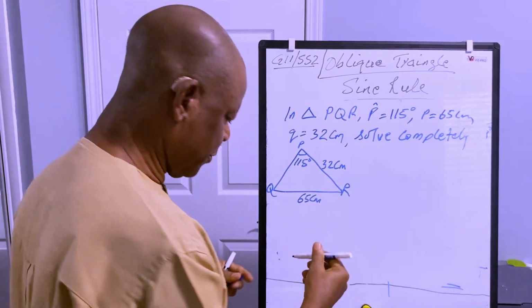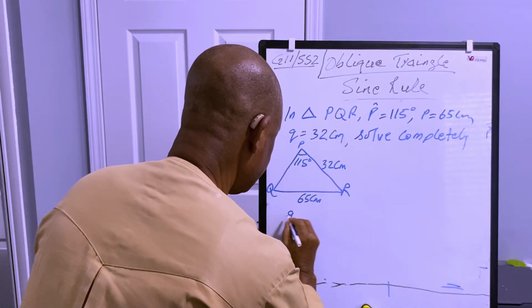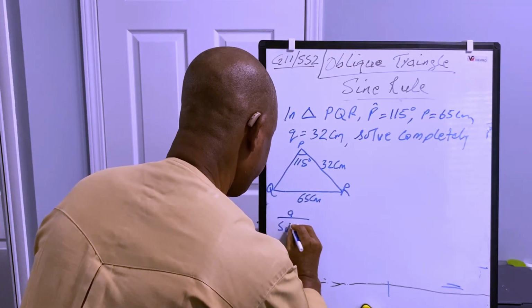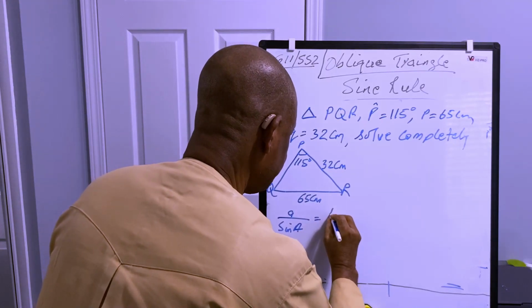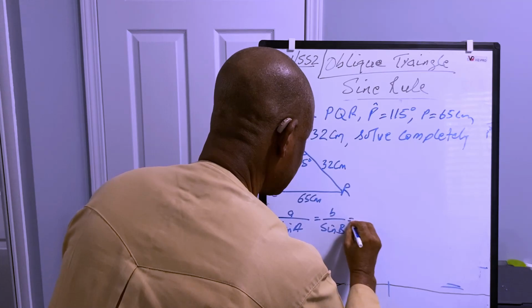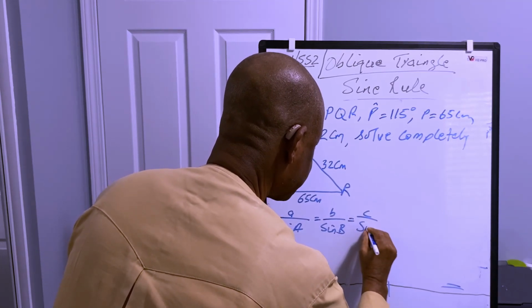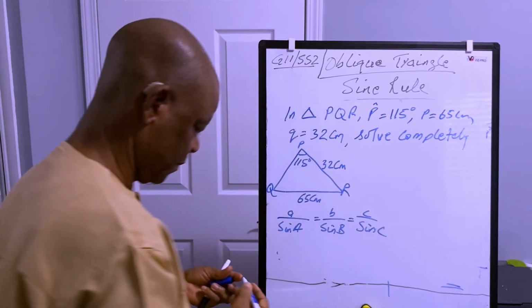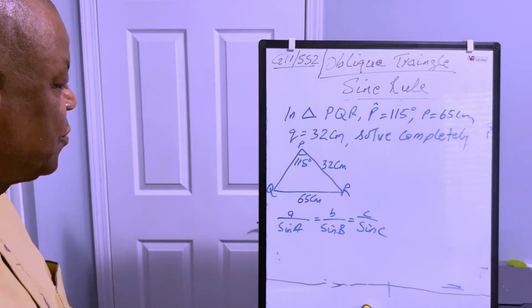We present our formula that a over sine A equals b over sine B, and that's equal to c over sine C. We now substitute the given values.